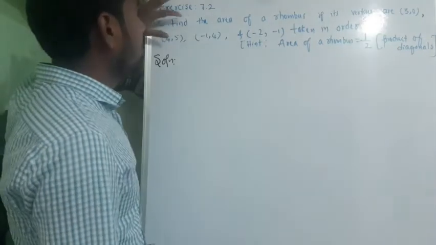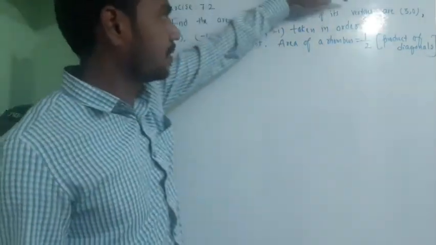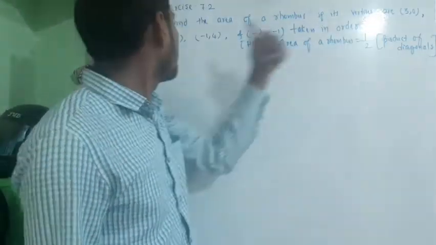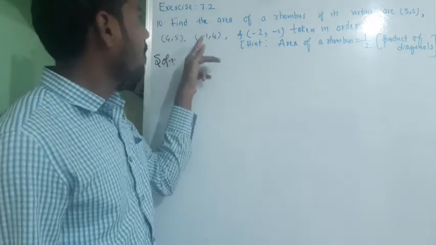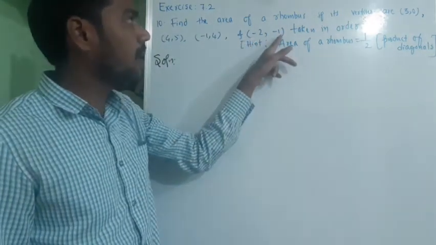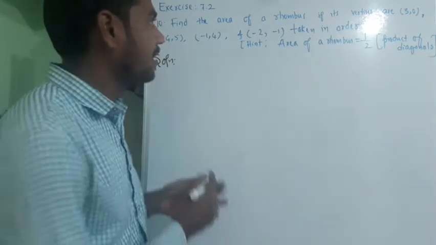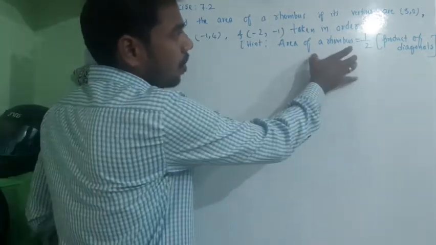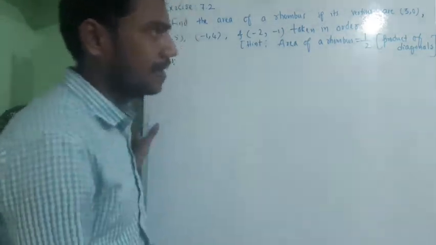Tenth question. Find the area of a rhombus if its vertices are 3 comma 0, 4 comma 5, minus 1 comma 4, minus 2 comma minus 1, taken in order. And they have given the hint, area of a rhombus is equal to half of the product of its diagonals.